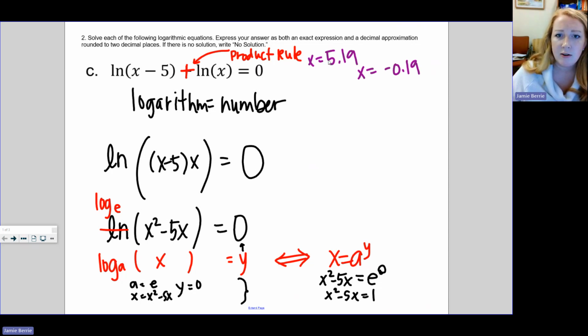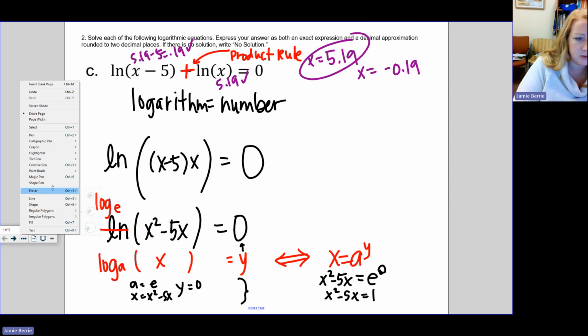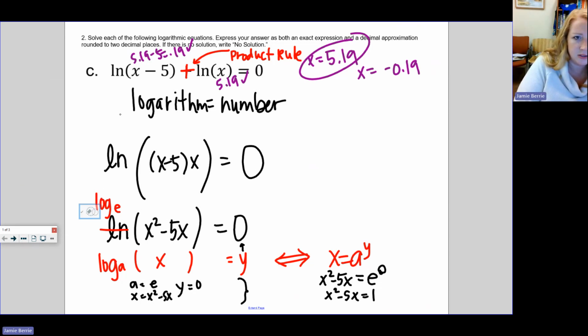If we plug in 5.19, that's going to be 5.19 minus 5. That's just going to be 0.19, so that's good. That's not negative. If we plug it in here, that's just 5.19. That's not negative, so that one's fine. Now, if we plug in the negative 0.19, let me erase this.